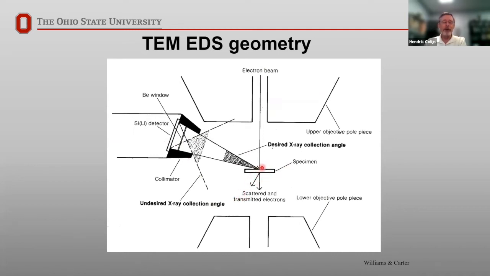Now you have an additional complicating factor in that you have an objective aperture sitting in your pole piece gap. Since platinum has a backscatter coefficient of like 70%, your scattered electrons can hit this aperture and backscatter right up into your detector and can flood your detector. So working with an objective aperture in the TEM is generally not recommended.